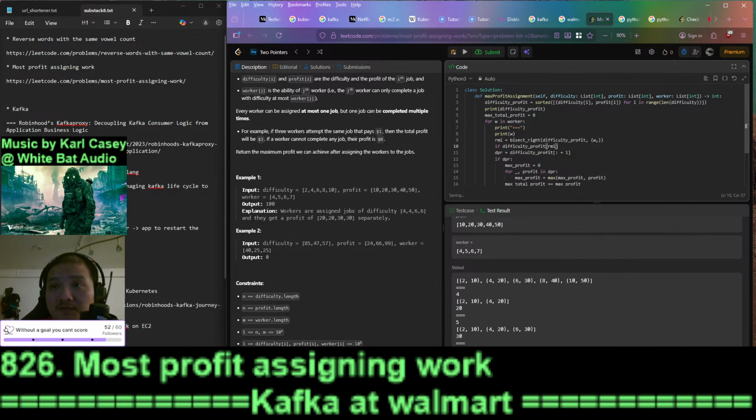If RMI, if this difficulty is equal to W, then keep it. If not, then RMI minus 1, right?